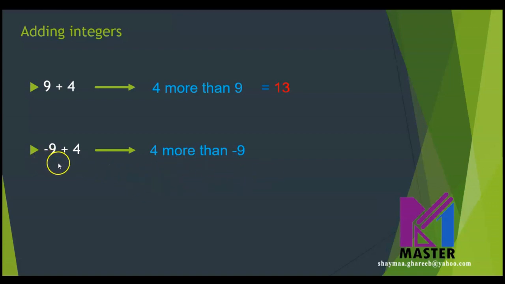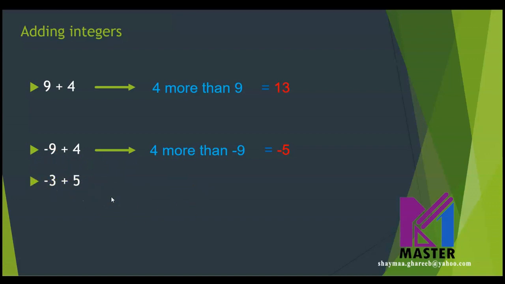So after negative 9, when we count on, it will be negative 8, negative 7, negative 6, and negative 5. So the number that is 4 more than negative 9 is negative 5. And negative 5 is 4 more than negative 9.